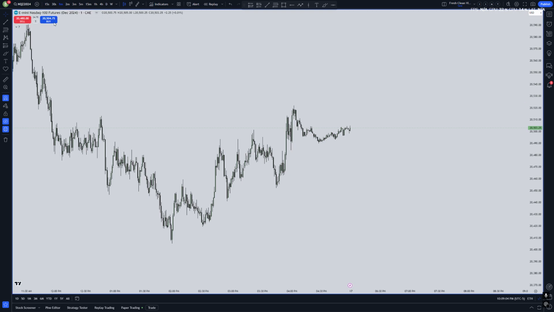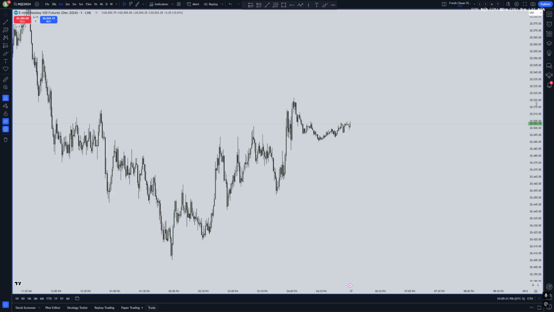Up here is your buying and selling. Now this number in the middle is the spread. So spread is, as you can see, the difference in buying and selling. I'm on paper trading, so I can show an example here. I can't because the market's closed.